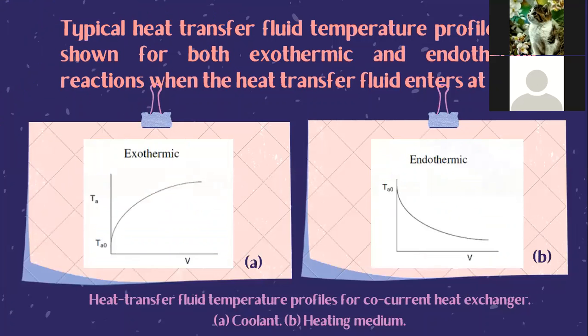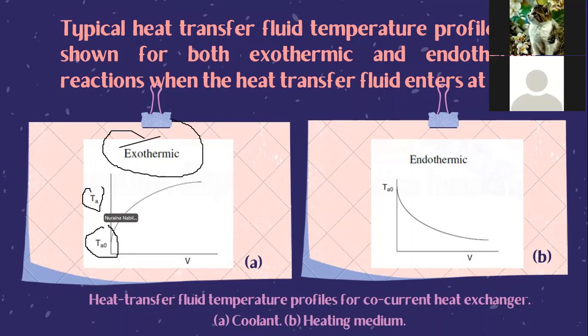Okay, typical heat transfer fluid temperature profiles are shown for both exothermic and endothermic reactions when the heat transfer fluid enters at Ta0. As we see here, for the exothermic reaction, Ta0 is the inlet and Ta is the outlet.